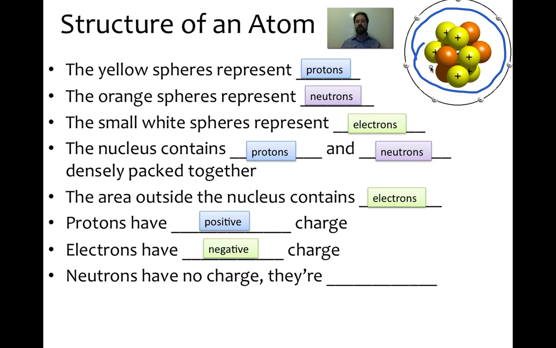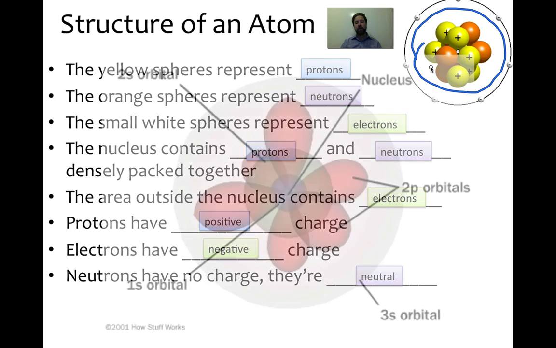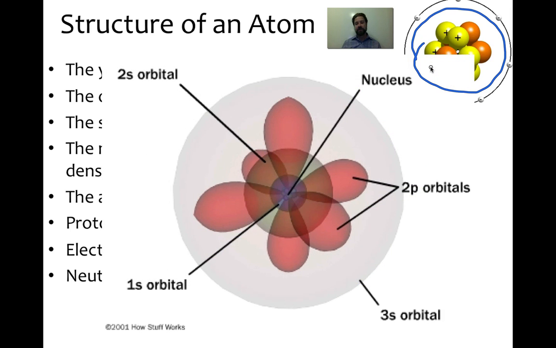I've also heard someone compare it, if you had a beach ball here on planet Earth, the electron field would stretch all the way to the moon. So that gives you an idea of how small the nucleus actually is in comparison to the electron clouds. You heard me say electron clouds.